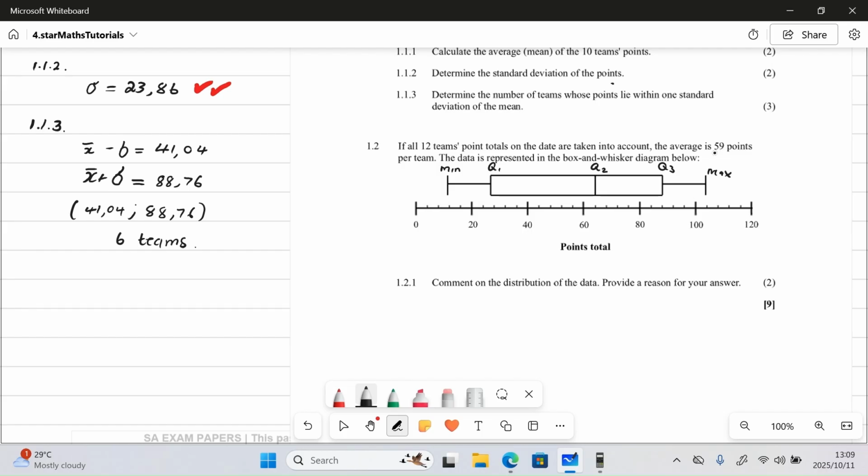If we check, our mean is 59, and 59 is less than the median. So looking at the distribution of the data, and given that our mean is less than our Q2, let me write it here: this is skewed to the left.